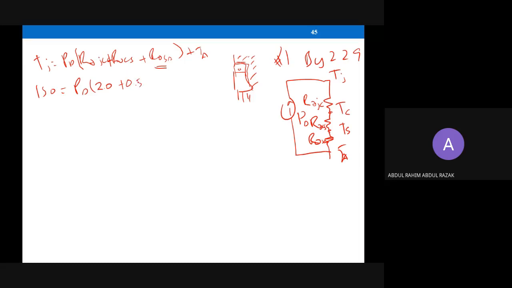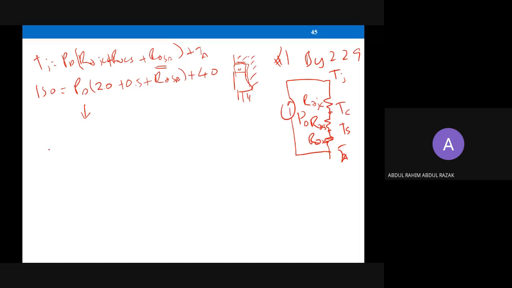If there is a better spec, you can use that one. So 0.5. This is our thermal SA, that is the unknown that we are looking for. Ambient we assume at 40 now. So this PD we need to find out.